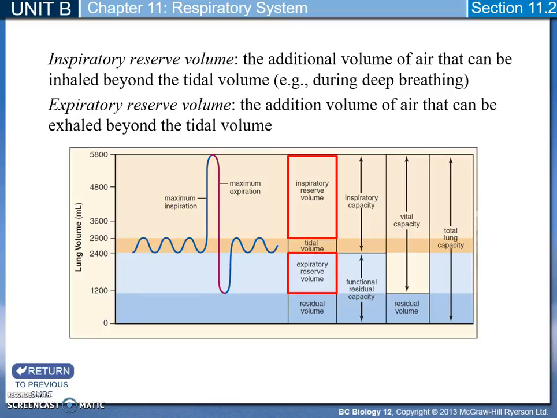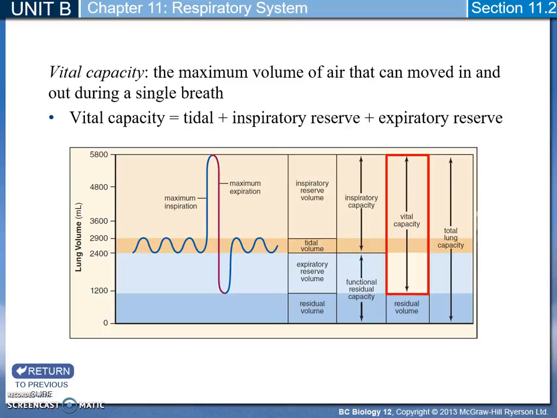The expiratory reserve volume is the additional volume of air that can be exhaled beyond the tidal volume. The vital capacity is the maximum volume of air that can be moved in and out during a single breath. So the vital capacity is the tidal volume plus the inspiratory reserve plus the expiratory reserve.